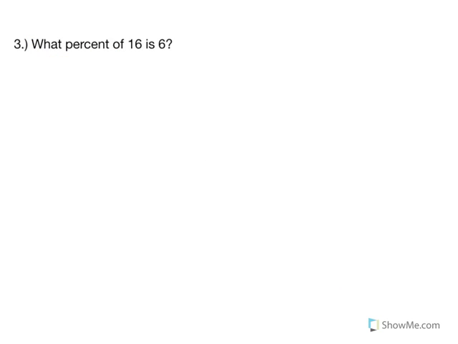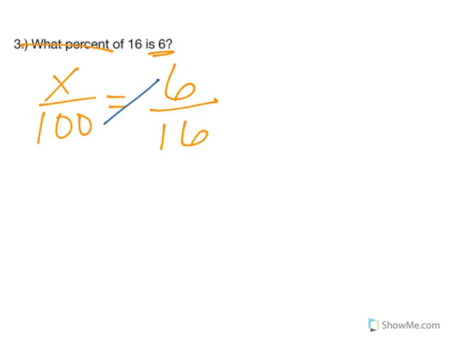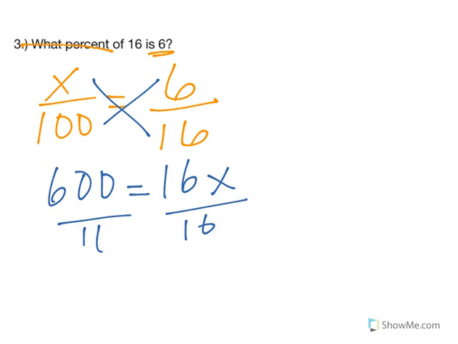So just a refresher on cross multiplying. Number 3. Now in this one it says what percent. So I don't know the percent, so I have x over 100 is 6 of 16. So 600 equals 16x. Divide both sides by 16, and x is 37.5%.